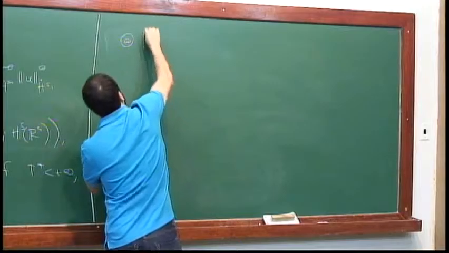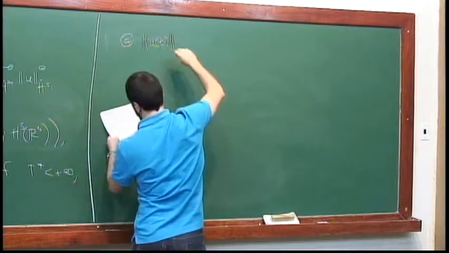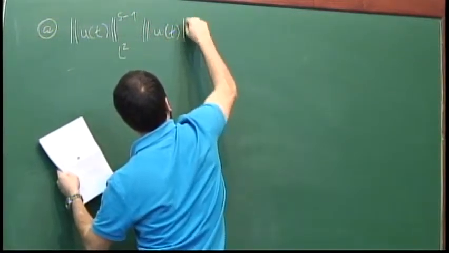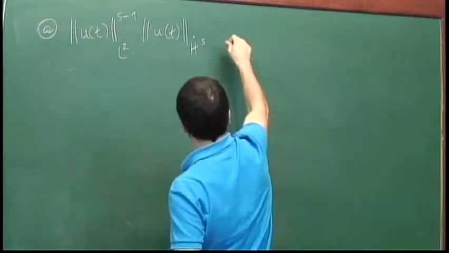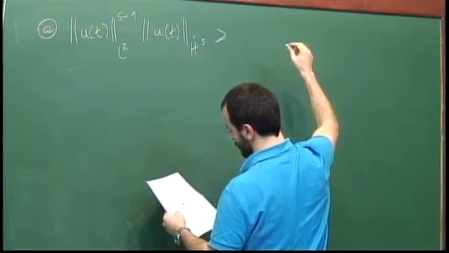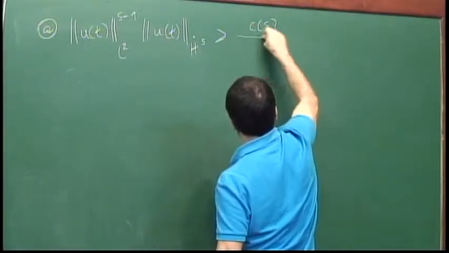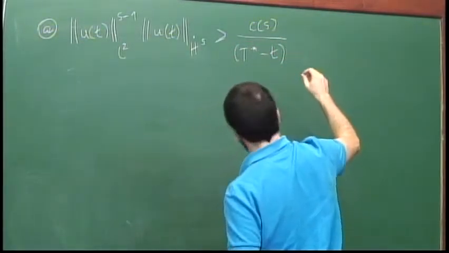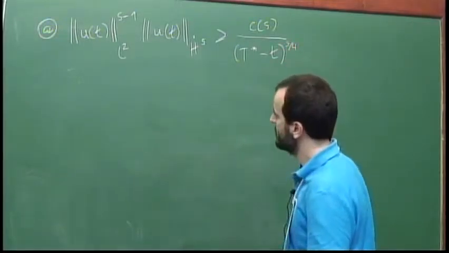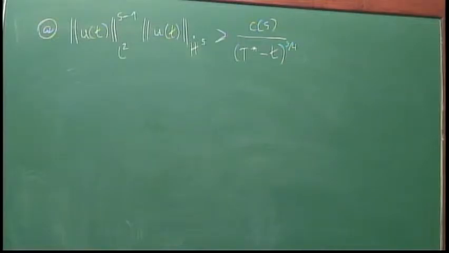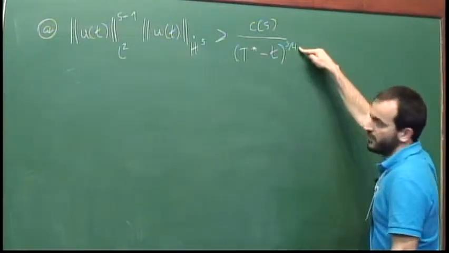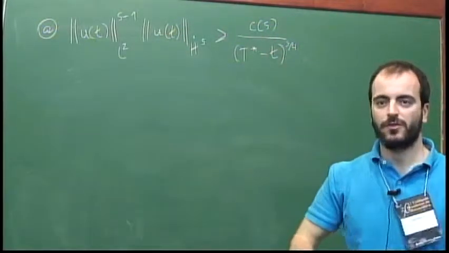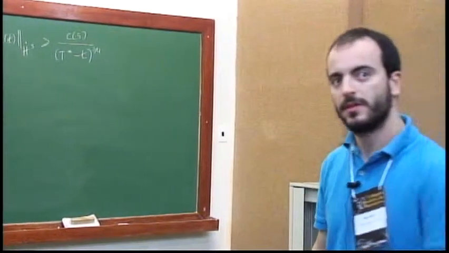A: the norm of U(t) in H dot S is greater than or equal to C, depending only on S, over (T star minus t) to the S over 4 minus 1/2 hmm. This exponent is positive, so you get a quantitative way of seeing how these norms blow up.